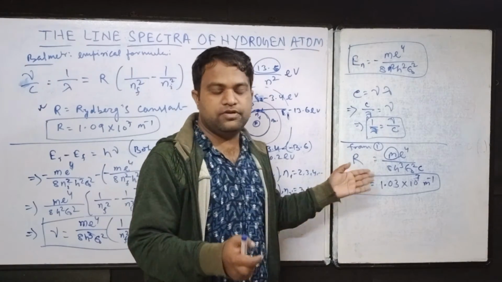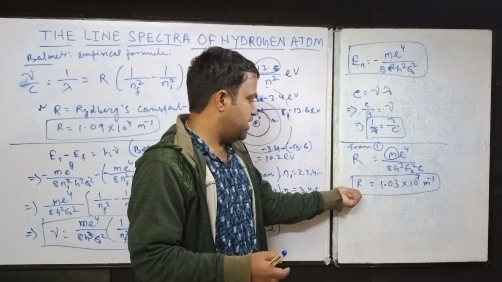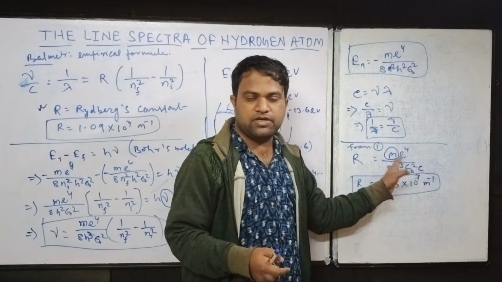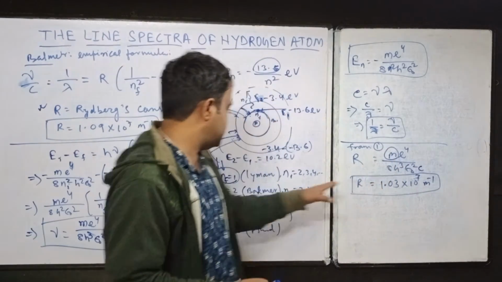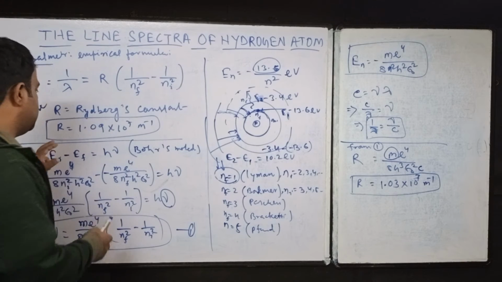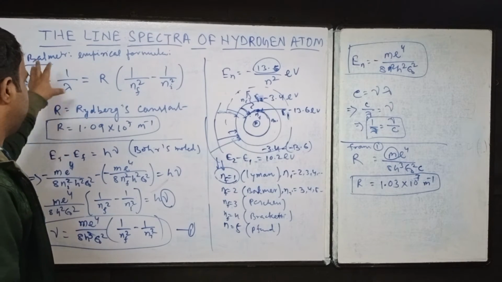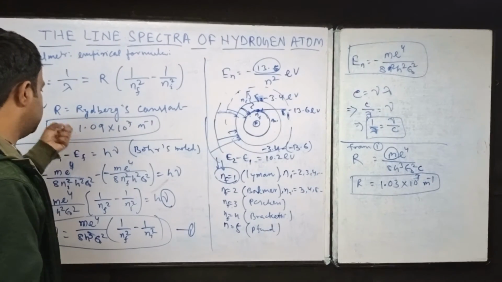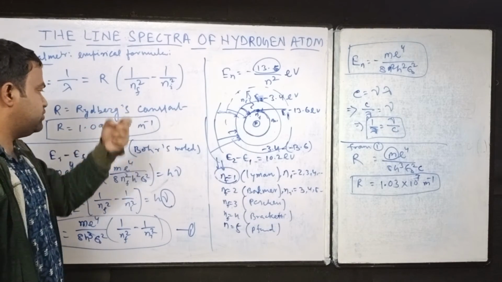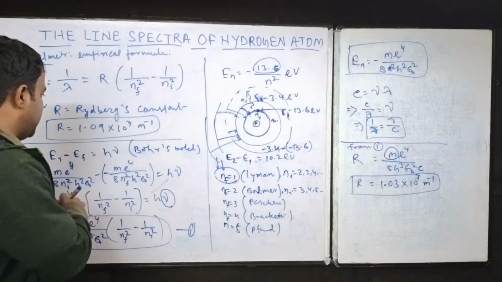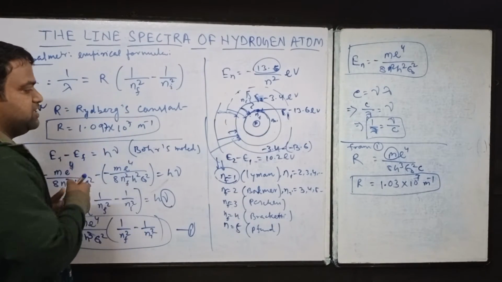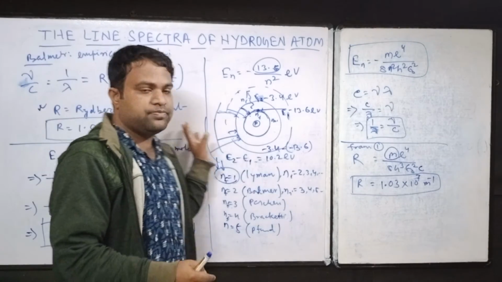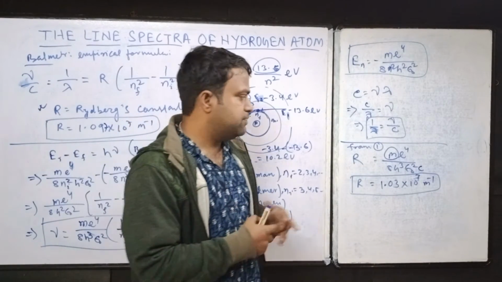If you find out the energy difference and then the constant, this is the constant that comes up, and this is your Rydberg constant, which approximately matches the Rydberg constant that Balmer got experimentally, 1.097 into 10 to the power 7. So 1.03 is very close to the experimental result.